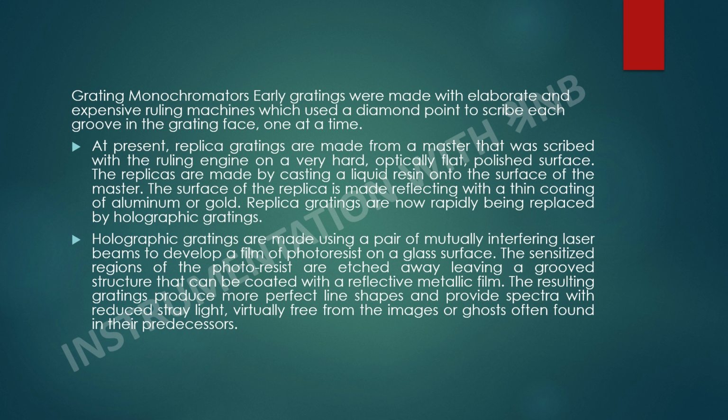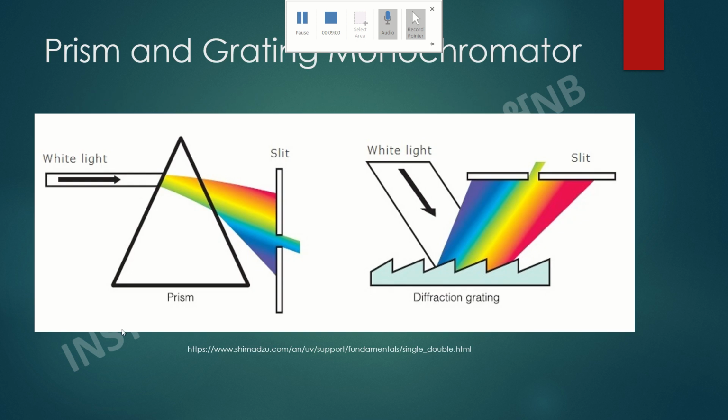The resulting grating produces more perfect line shapes and provides spectra with reduced stray light. Figure A shows a prism monochromator and figure B shows a grating monochromator, which I've already discussed in detail in my previous video.